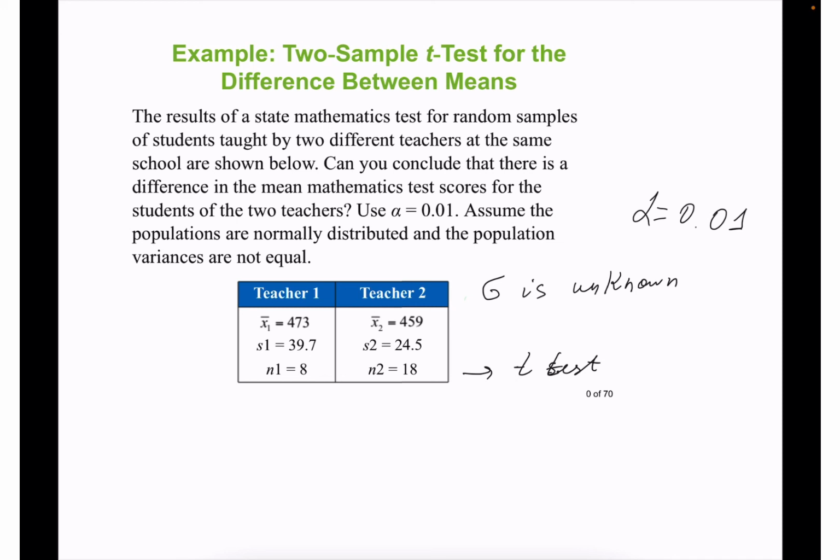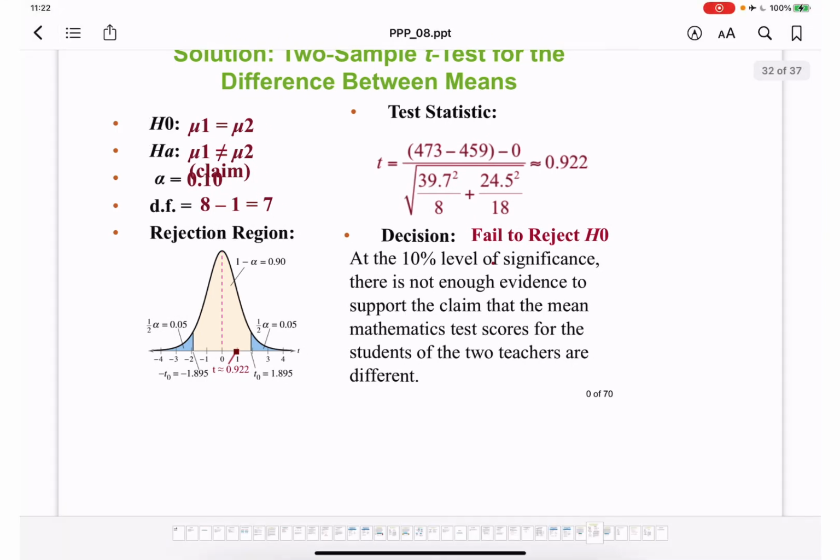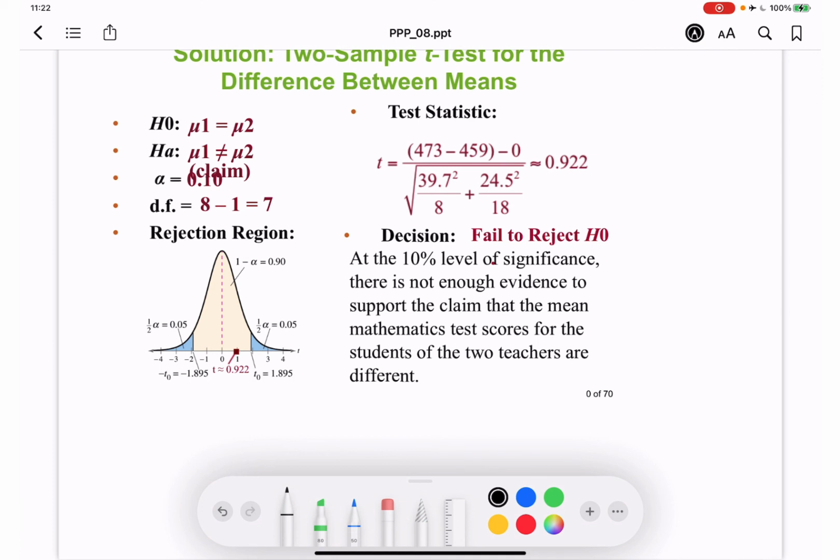Okay, difference, and this is a claim, that it's not equal. This is going to be our claim: mu1 is not equal to mu2, and this is our alpha, 0.1.